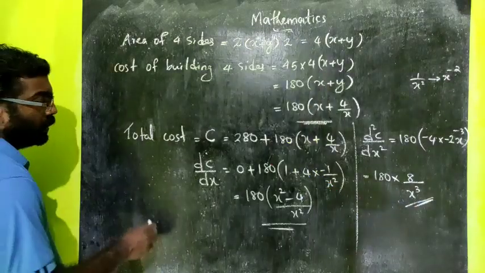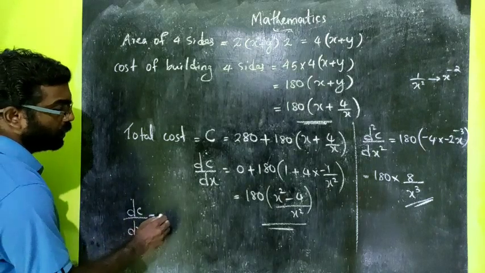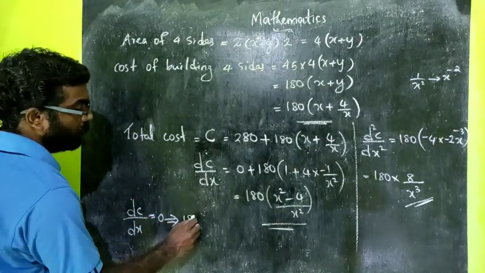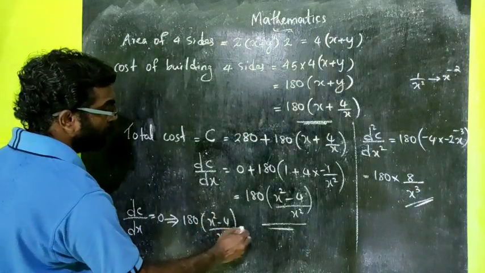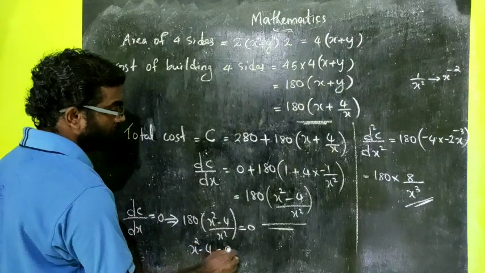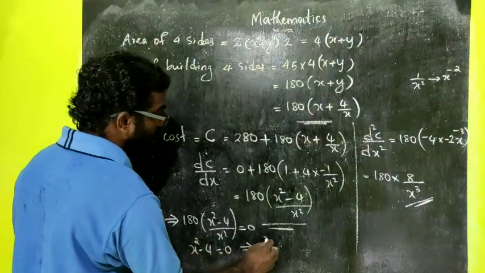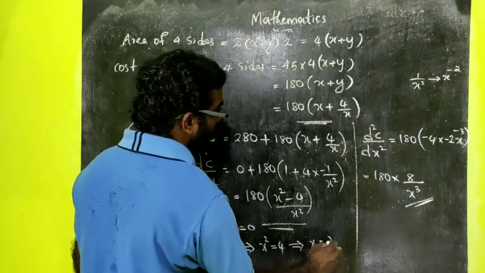Now to find the critical point, we have to set the first order derivative to 0. dC by dx equal to 0 implies 180 into (x square minus 4) by x square equal to 0. From this we can write x square minus 4 equal to 0, which implies x square equal to 4, or x equal to 2.